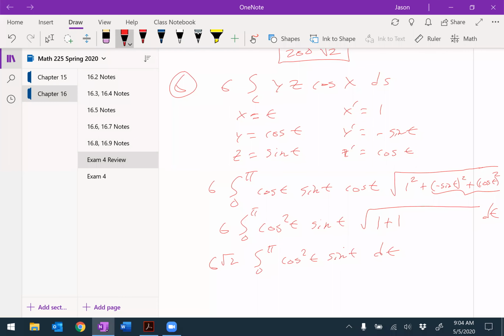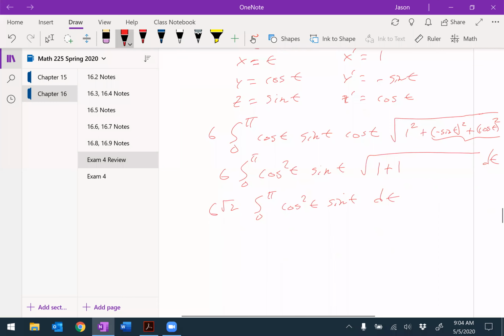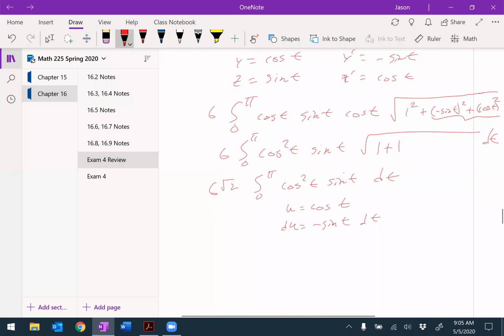Okay, so what are we going to do here? Well, we're going to do a u sub on cosine. So u is equal to cosine t, du equals negative sine t dt. So this is going to become negative u squared.